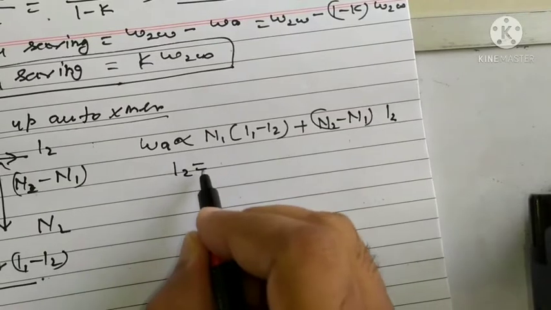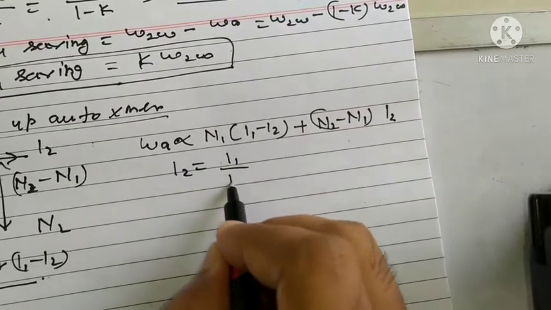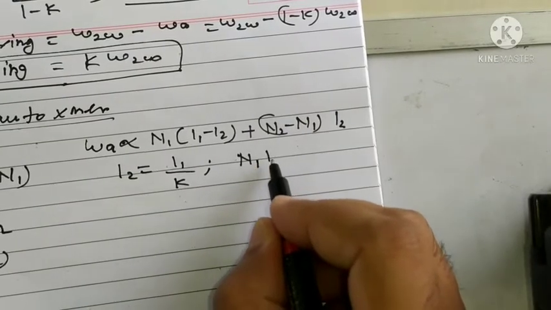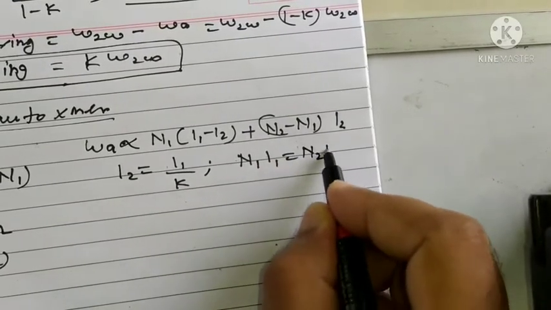Now I2 is written as I1 by K. I will replace it, and we know N1 I1 equals N2 I2.